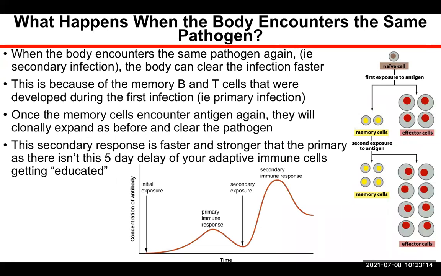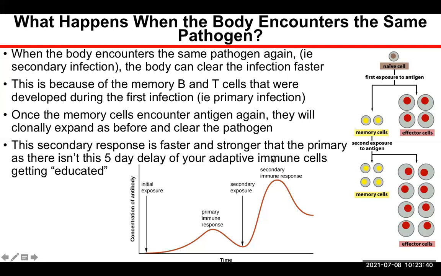So basically, once we have a primary infection, or we get infected once, as I had mentioned before with the B and T cells, you develop memory cells from those. After you develop the memory cells, a lot of them are still going to be in the secondary lymphoid organs, but some of them are also going to be patrolling the blood, looking specifically for the pathogen.